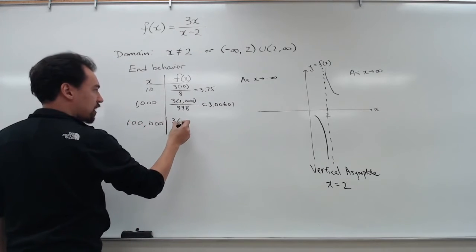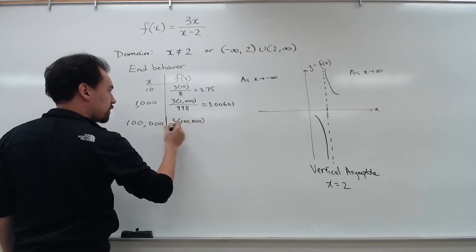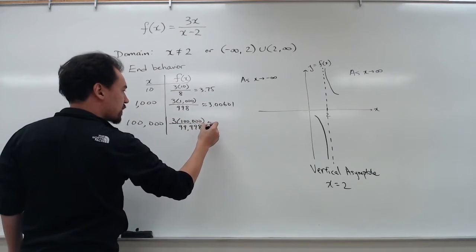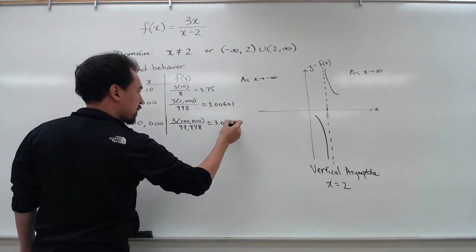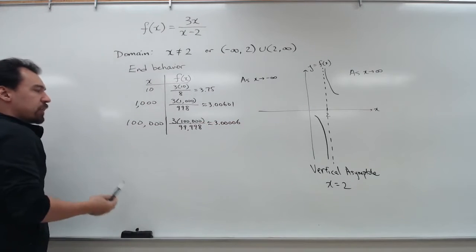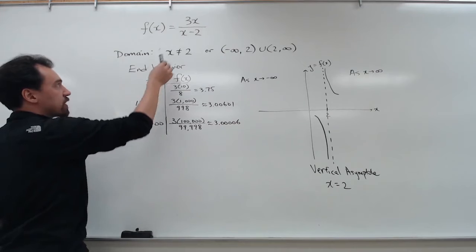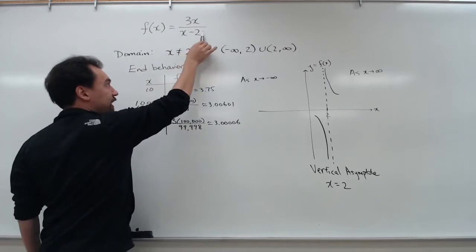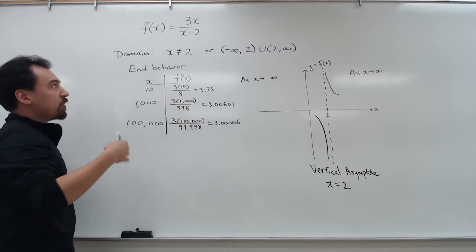And then we have 3 times 100,000 divided by 99,998. And this comes out to approximately this.